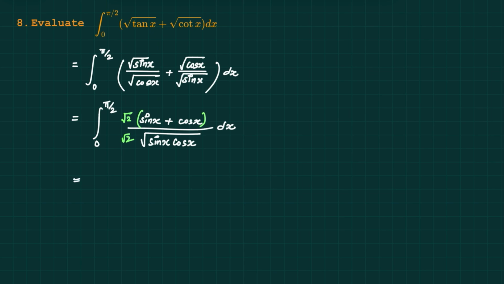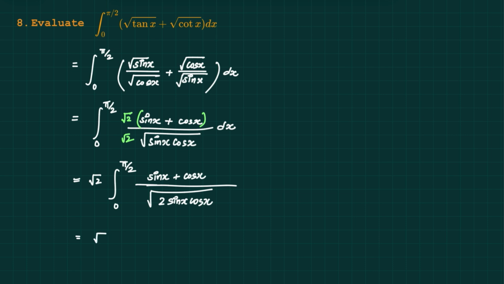So it equals square root of 2 outside, 0 to pi over 2, sin x plus cos x divided by square root of 2 sin x cos x.